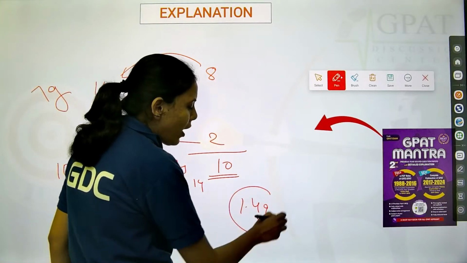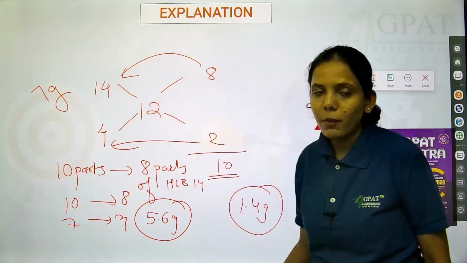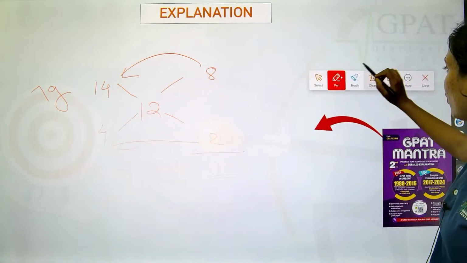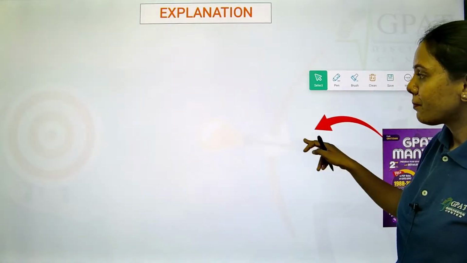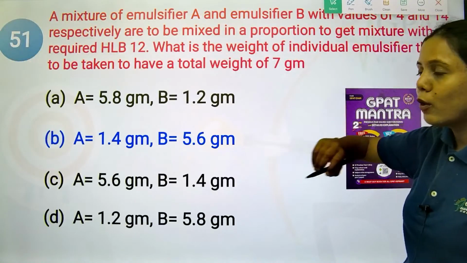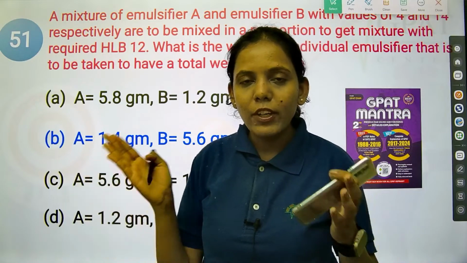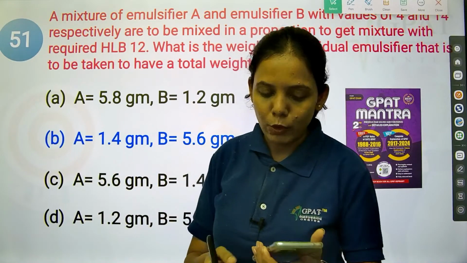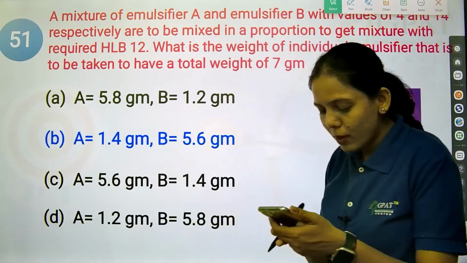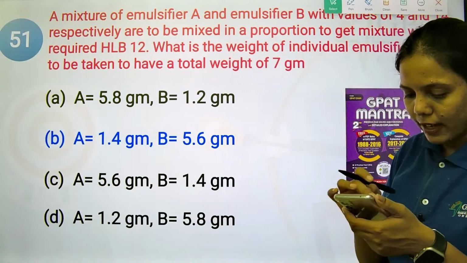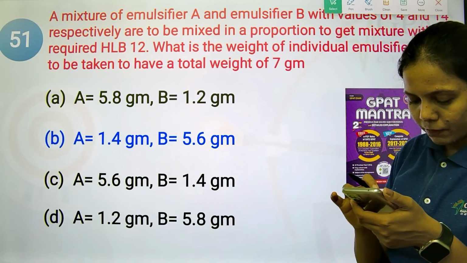This is based on the alligation method. From the alligation method, you can calculate the HLB values or the concentration, anything. Higher and lower values are given, and you have to find out the middle value. I think everybody knows about alligation. So that is the right answer. Clear?